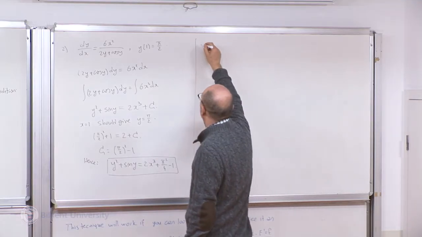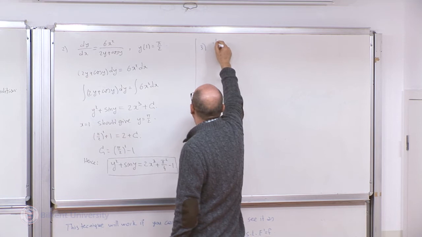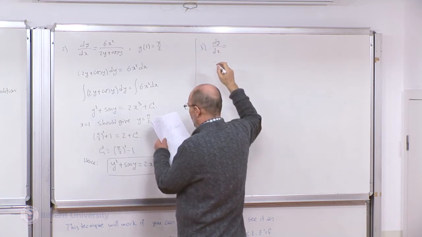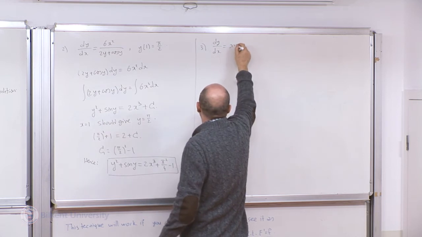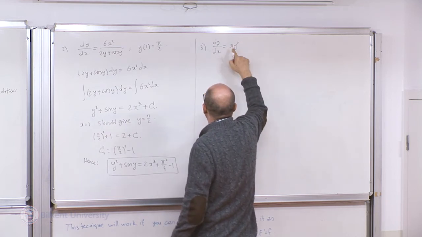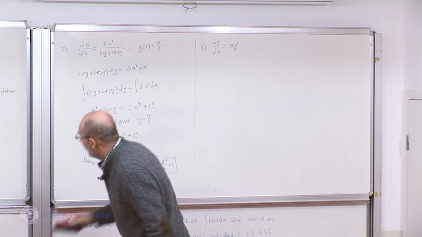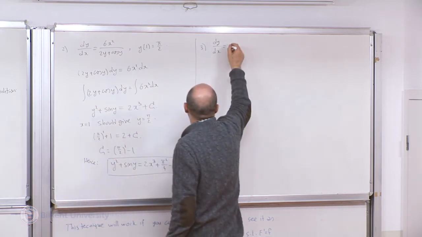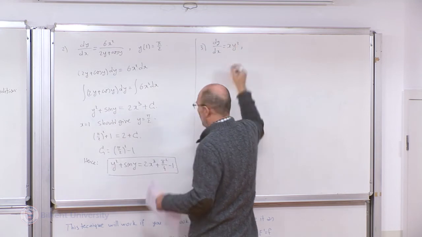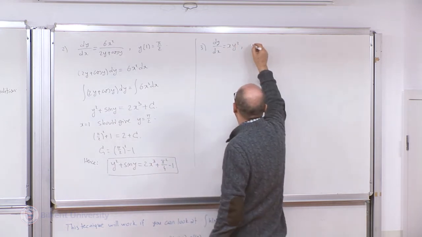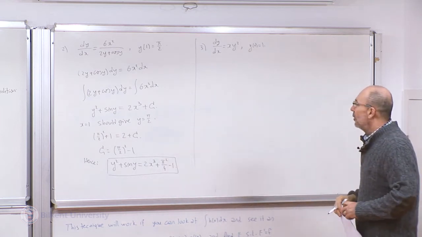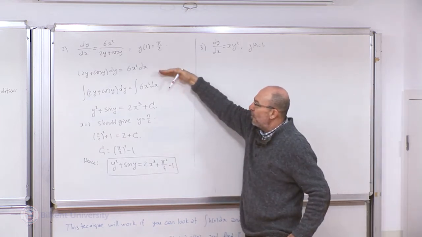Let's do another easy example. dy over dx is equal to x times y squared, and we have an initial condition, y of 0 is 1. Okay, so we follow the same steps.